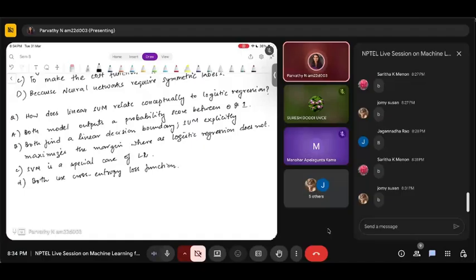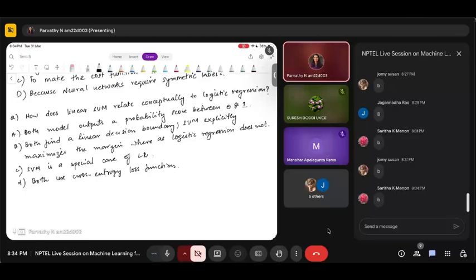So how does linear SVM relate to logistic regression? Both model output a probability score between 0 and 1, both find a linear decision boundary, but SVM explicitly maximizes the margin, whereas logistic regression does not. SVM is a special case of logistic regression.